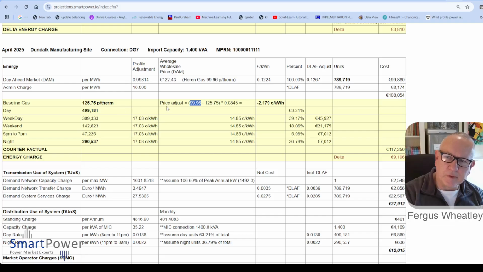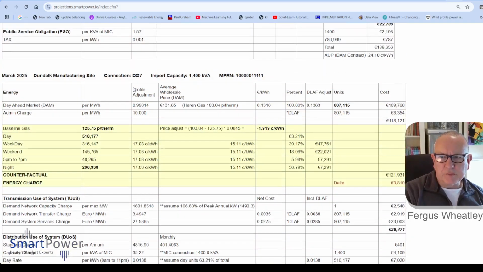So then that allows us to work out that the average electricity price should be 122.43. Again, this is a calculation, an equation that we've worked out based on our experience.